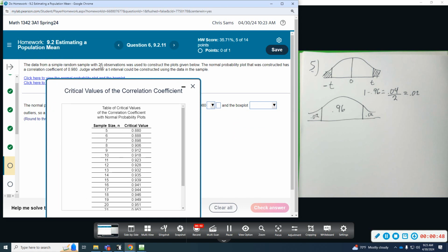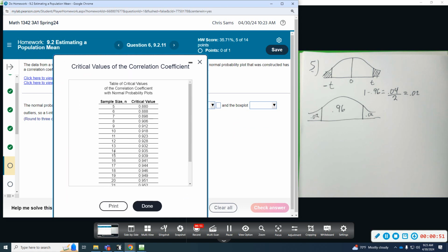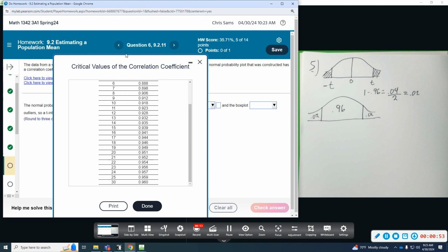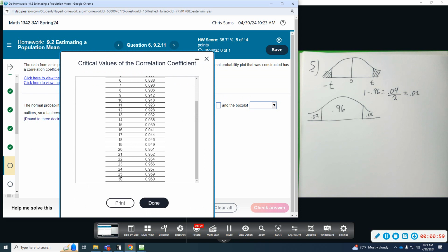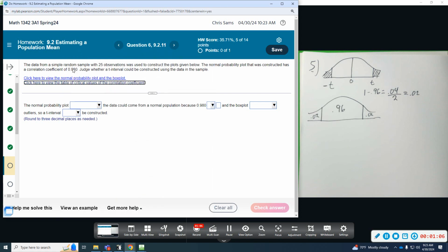the sample size is 25, so we will go down to 25, and we want this value to be larger. So the correlation, we want that to be larger than this critical value. So for 25, we get 0.959, which 0.980 is larger than.